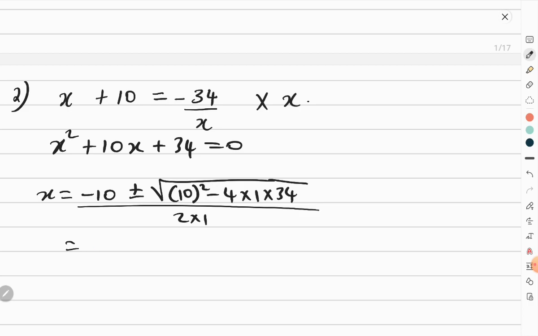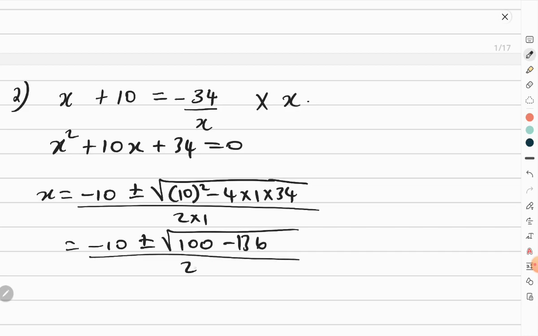So our values of x, when we put that all in, then plus or minus the square root of 100 minus 34 times 4, which is 136, all divided by 2.